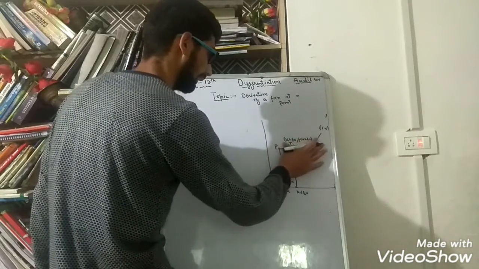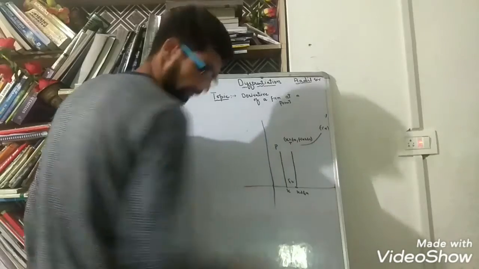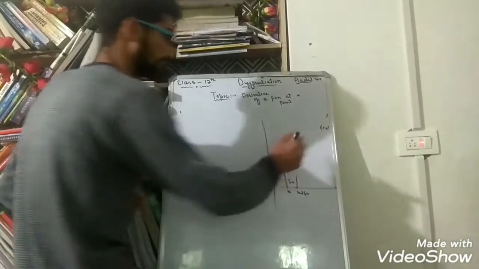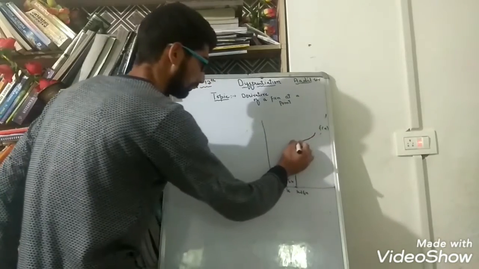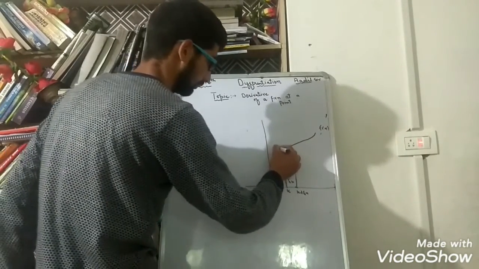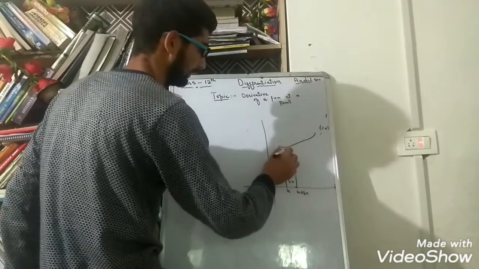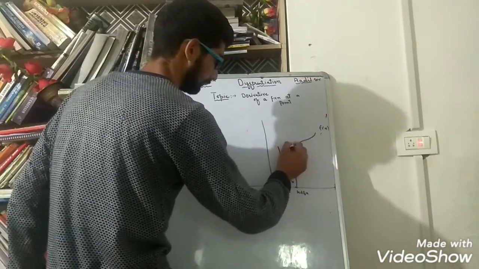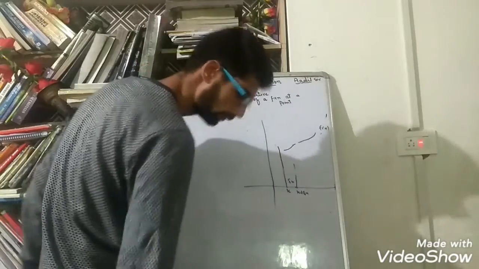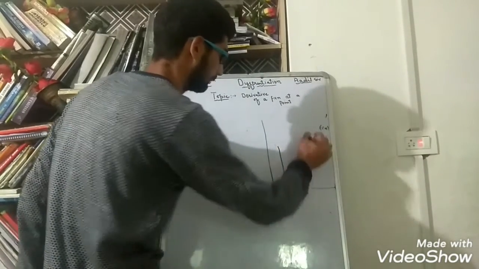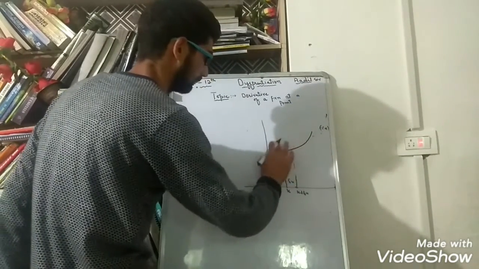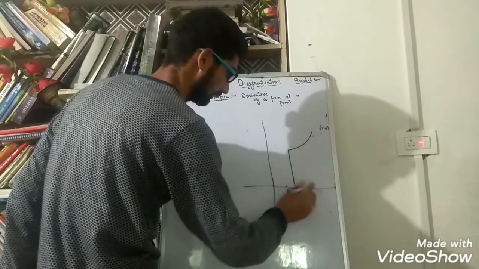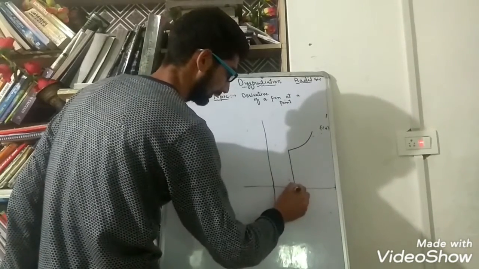So here I will redraw it, because it is getting small and you are not able to see it. For example, in this, point x.